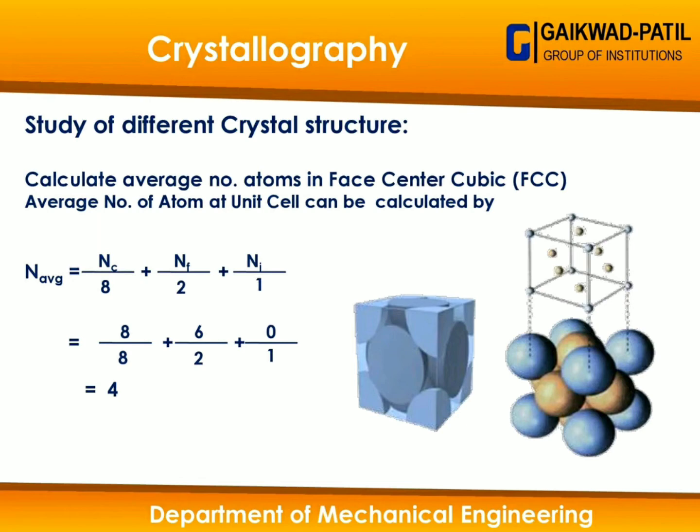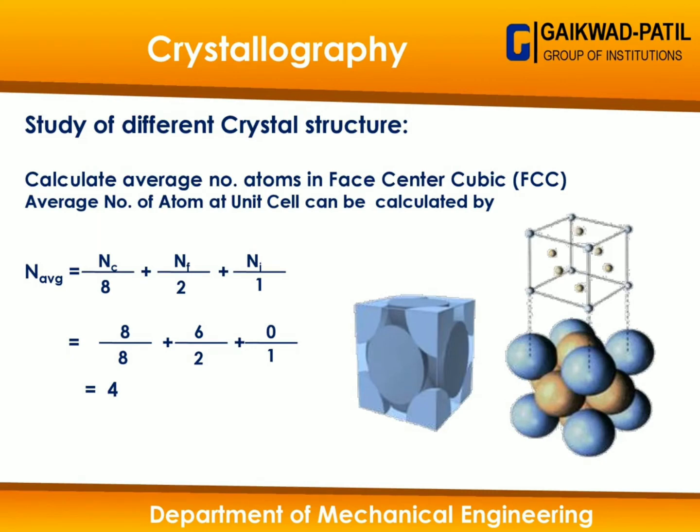So when we put in all the values, Nc, the number of atoms at the corners of the unit cell, divided by 8, since one corner atom is shared by 8 unit cells, plus face atoms 6 divided by 2, since 2 unit cells share a face atom, plus interior atoms, which are not present over here, so consider 0 divided by 1, since an interior atom is shared by the unit cell itself, is equal to 4. So the average number of atoms per unit cell of the face centered cubic crystal structure is 4.